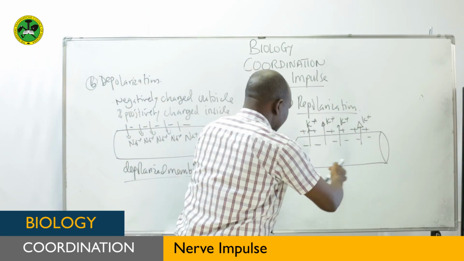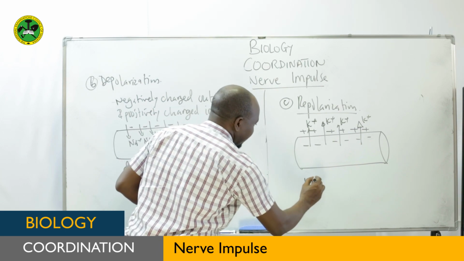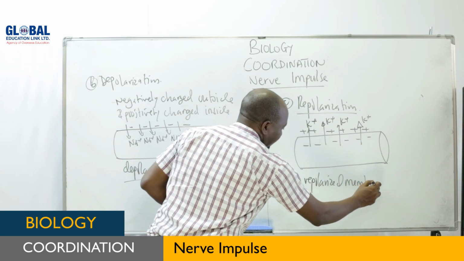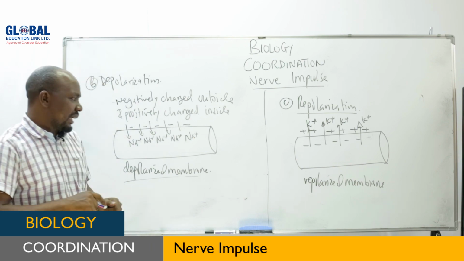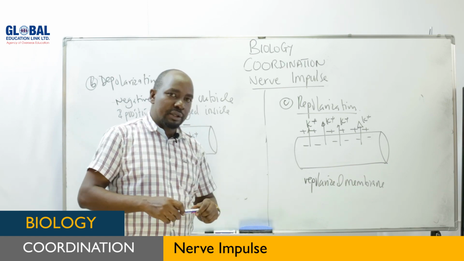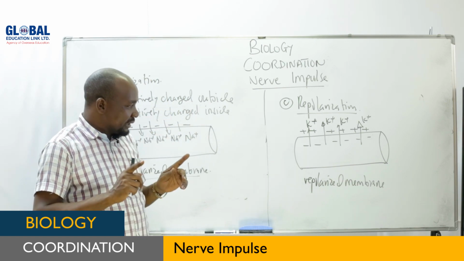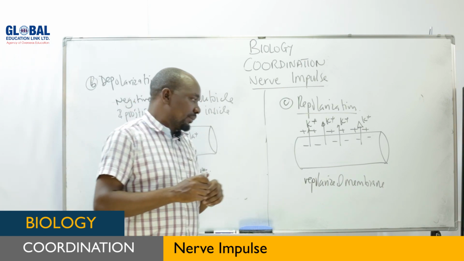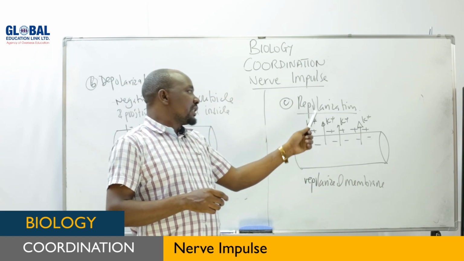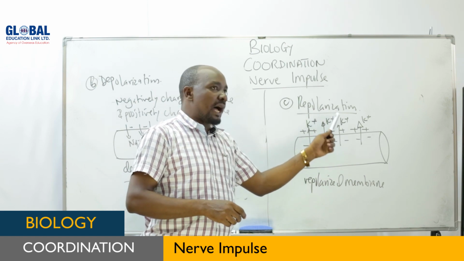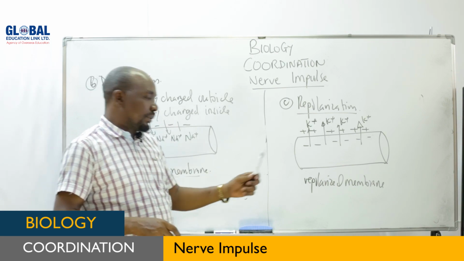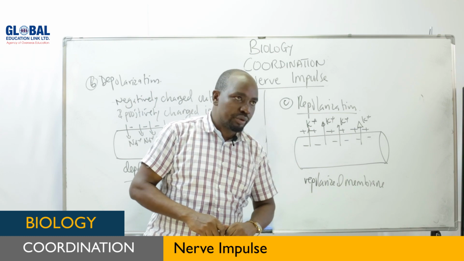So this membrane is said to be repolarized. The repolarized membrane is positively charged outside and negatively charged inside. The difference from the polarized membrane is that the repolarized membrane is positively charged by potassium ions outside, whereas the polarized membrane is positively charged outside by sodium ions.